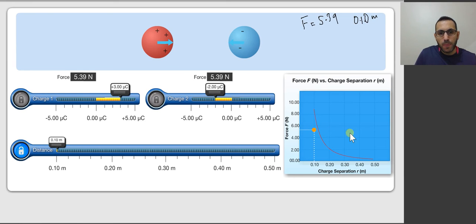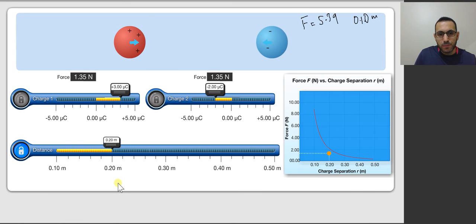Okay? Now if I increase the distance, let's see the effect on the force when I double the distance. I make the distance 2 times larger. Now they are 0.2 meters apart.